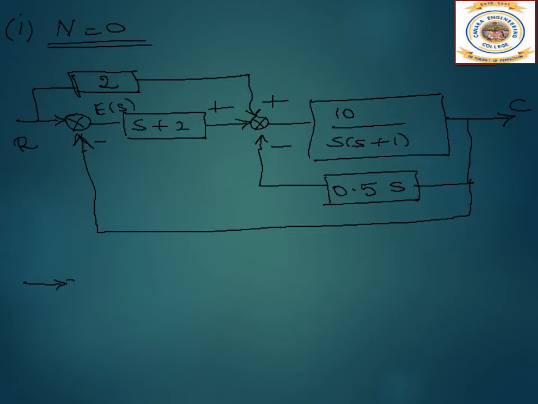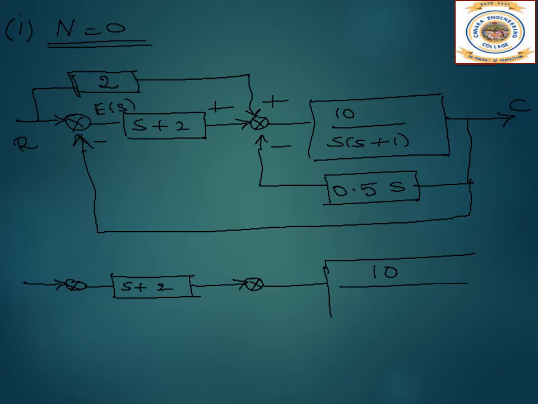So other things I will just redraw as they are. This is S plus 2. We have this, and what do we get over here? After simplification, we get G of S by 1 plus G of S H of S. So you calculate and do it. I'll just write what we get after the simplification: S into S plus 1 plus 5S.